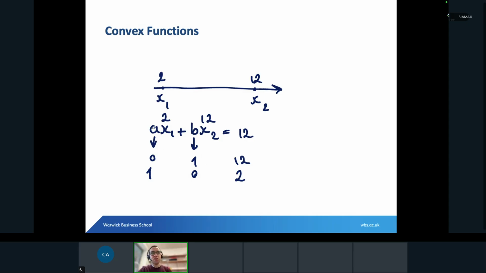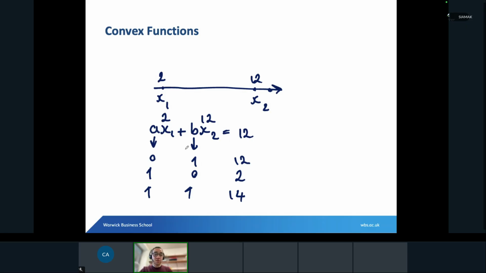You may change these coefficients, a and b. They can be other numbers as well, but for it to become a linear combination, the coefficients a and b should be between 0 and 1. If it is 1 and 1, for instance, what you get is 14. It's a point here, right?